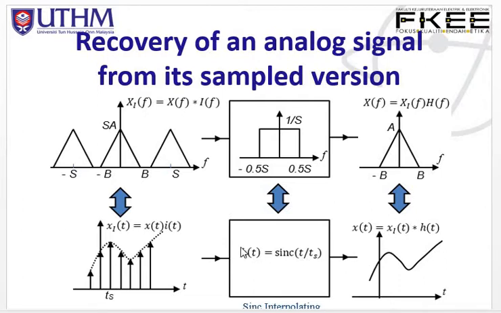This is in the time domain, whereas this is in the frequency domain. In the time domain, the ideally sampled signal passes through a sinc function, then you will obtain x(t). We call this the recovered signal. The top is the frequency domain, whereas the bottom is the time domain.